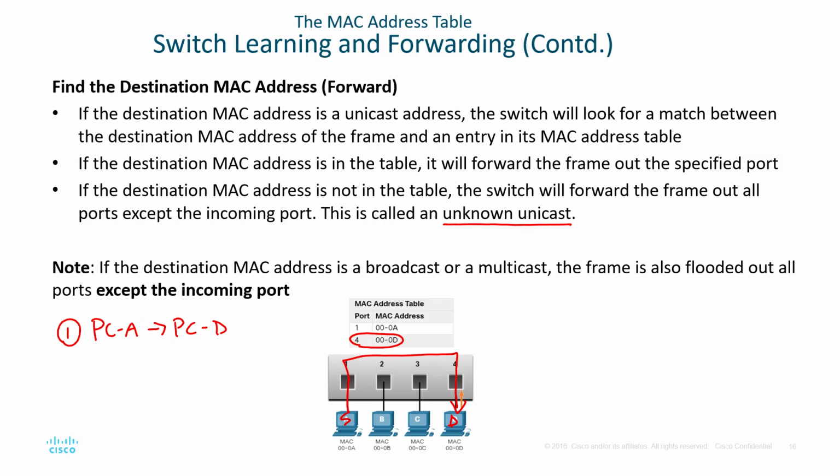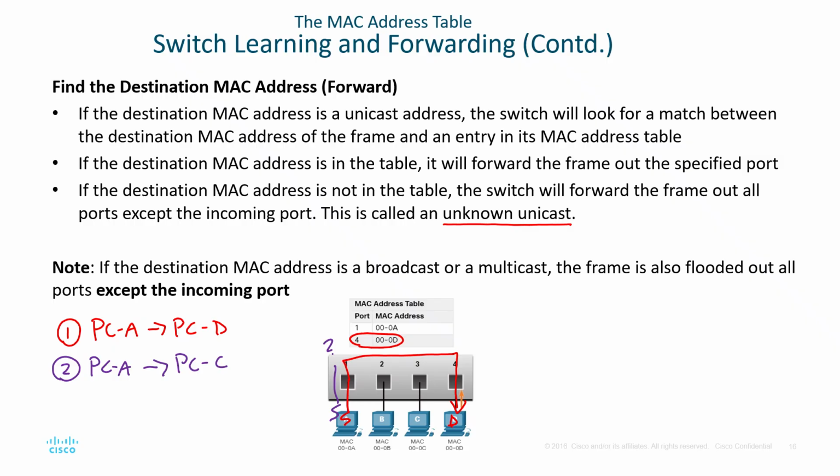So, in the second scenario, PCA is still my source, and now I'm going to try to talk to PCC. So again, my source is here. I get up to the switch. The switch says, oh, I don't have that in my table, so it floods it out.